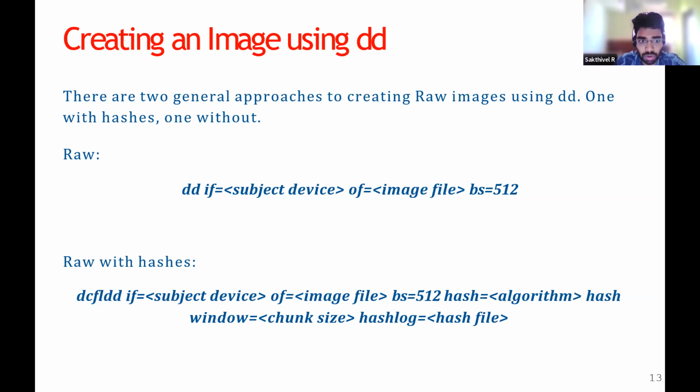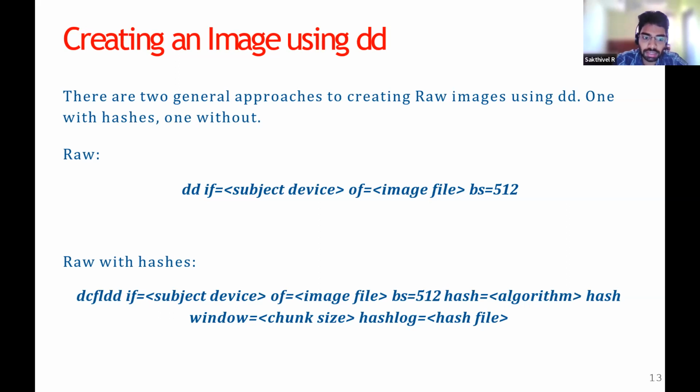One is the raw image, where you're just acquiring the complete image of the system. The command takes the actual device and the image file of the device. The other approach is raw with the hashes.